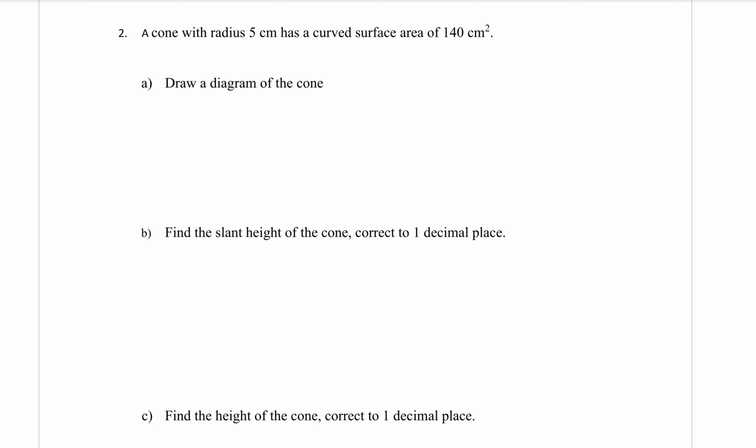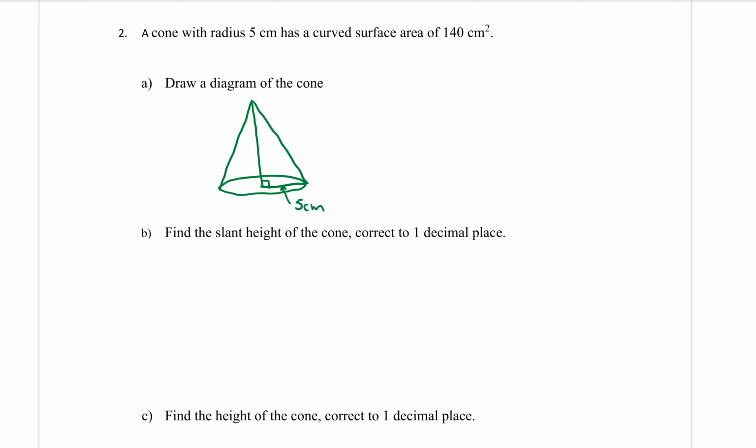All right, so the first part A says, draw a diagram of the cone. So I'm just going to draw a cone like this. Circly, flat kind of circly thing on the bottom. Do a perpendicular height coming down, just because we normally like to see that one there. My radius, which comes out that way, there's my radius. In the question, it tells me that that is 5 centimetres.